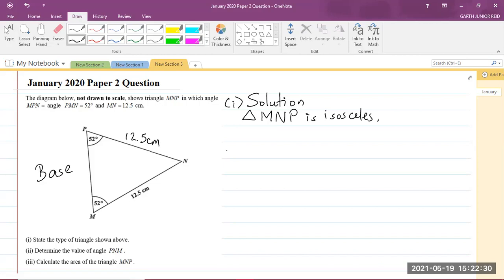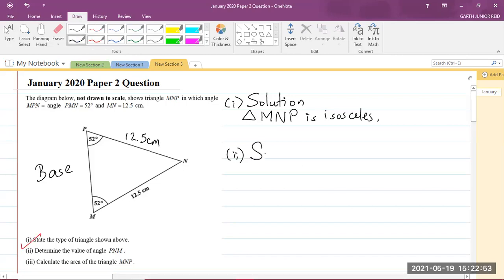However, if it did, you'd tell them that the base angles are the same, and therefore the side PN must be equal to the side MN. Good.